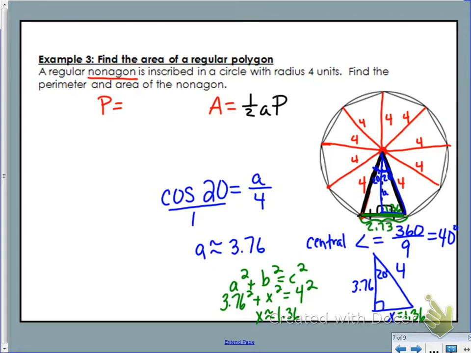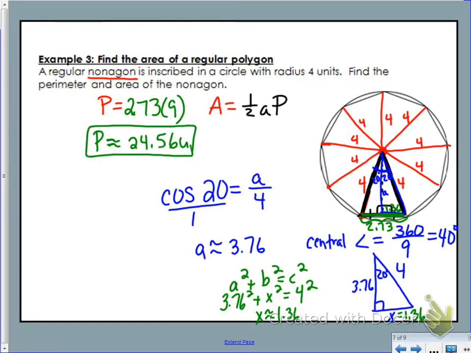The reason why that's helpful is now I can calculate the perimeter. The perimeter of this shape will be equal to 2.73 times 9 sides. So therefore the perimeter of this nonagon is going to be about 24.56 units.